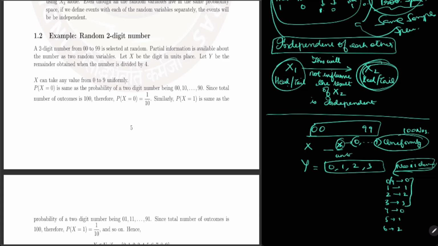Since the total number of outcomes is 100, therefore P of X equal to 0 is equal to 1 by 10.